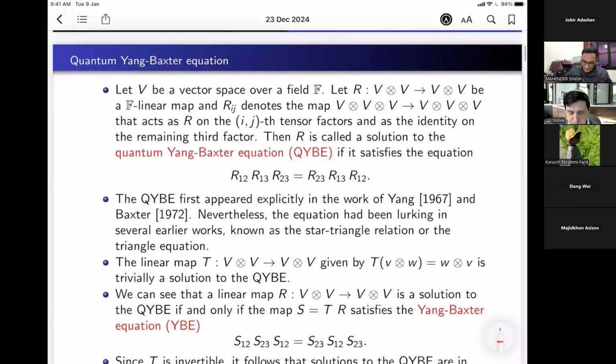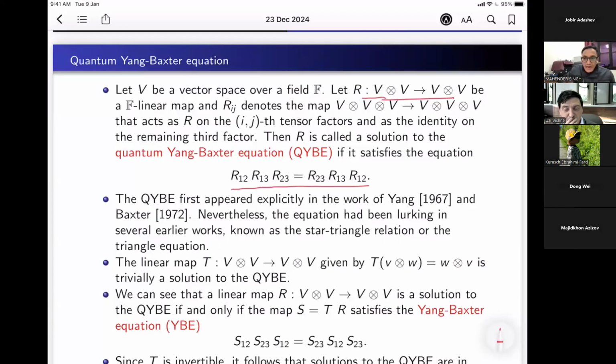So let's begin with something that has been talked about in this program today by Cindy Sang. What is a quantum Yang-Baxter equation? Let V be a vector space over a field, and you take the two-fold tensor product. Then a linear map R from V tensor V to V tensor V, we say it's a linear solution to the quantum Yang-Baxter equation if it satisfies this identity.